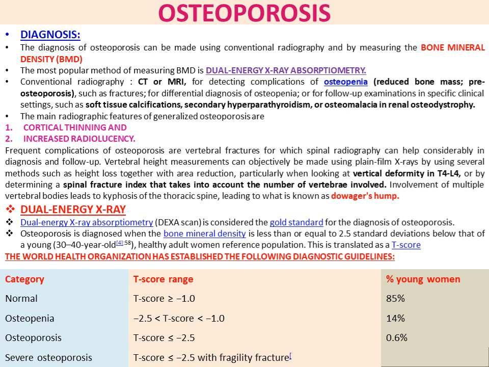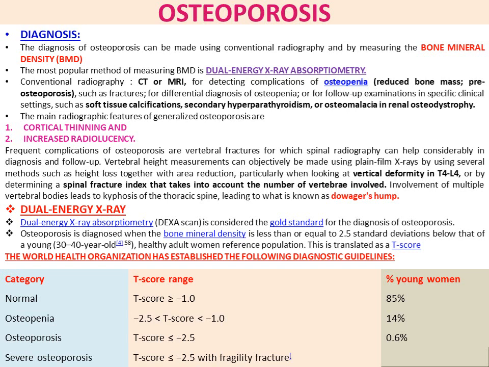Osteoporosis is diagnosed when the bone mineral density is 2.5 standard deviations or more below that of the 30 to 40 year old healthy adult women reference population. This is translated as a T score.